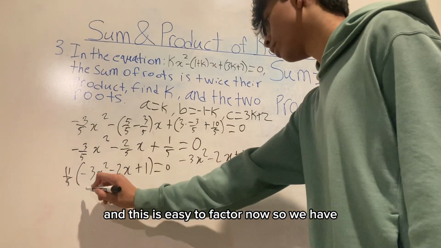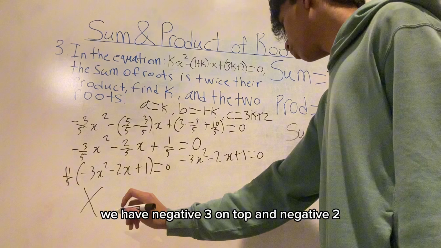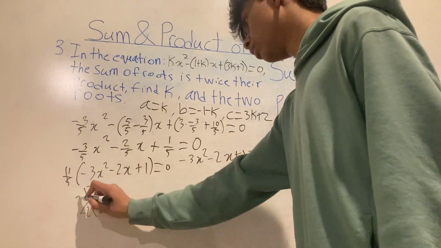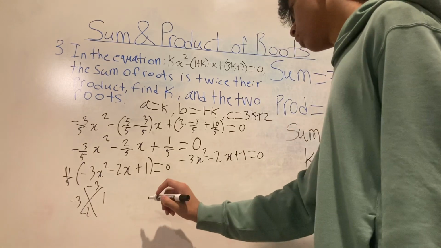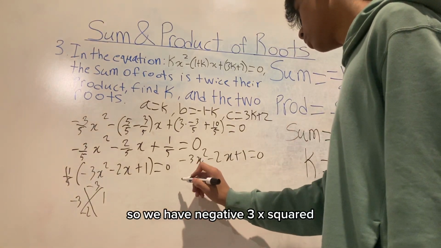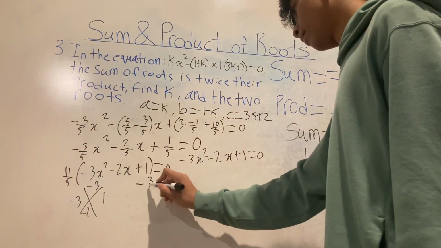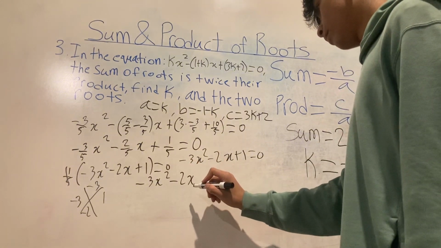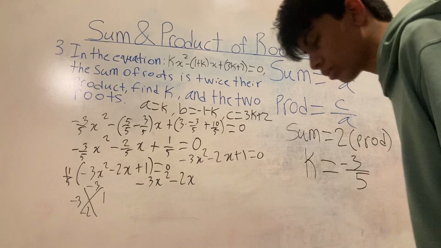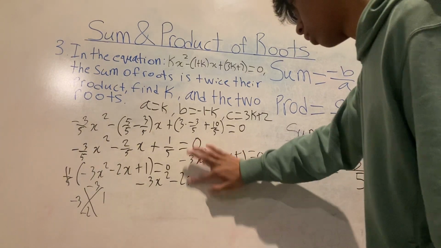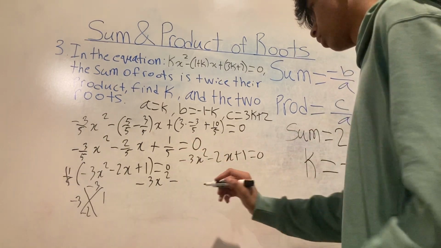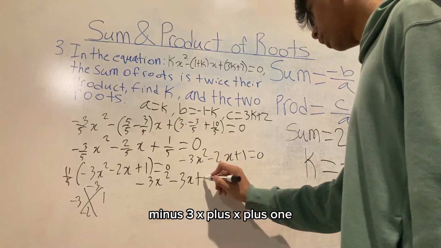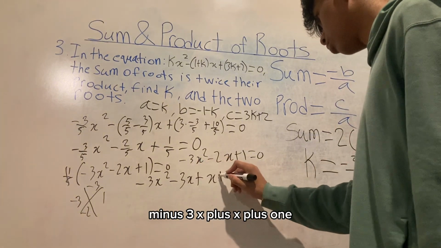So we have negative 3x squared minus 2x plus 1, which we split as negative 3x squared minus 3x plus x plus 1.